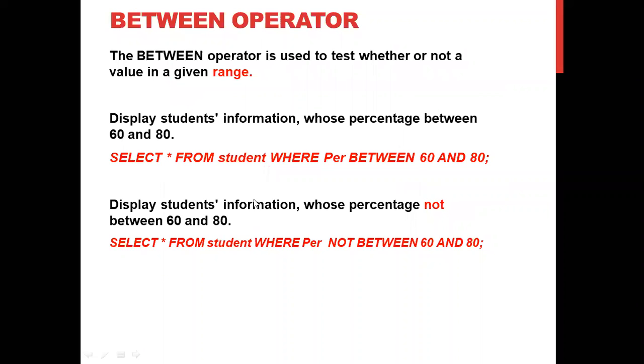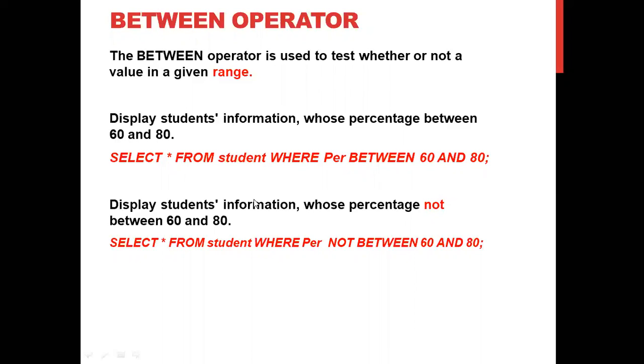Next one is the BETWEEN operator. The BETWEEN operator is also known as a range operator. It means if a range is given, we have to compare whether the particular attribute comes in this range or not. For example, if we want to display the information of students whose percentage is between 60 and 80, then we are using BETWEEN.